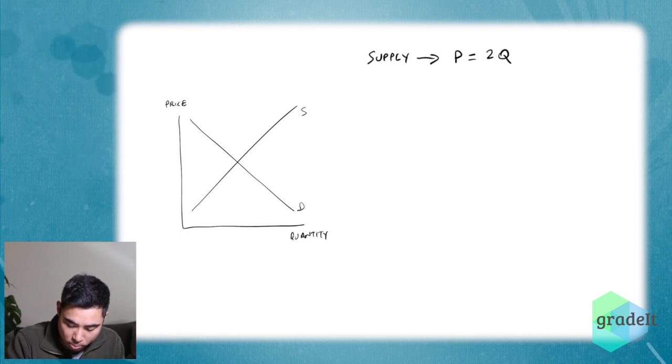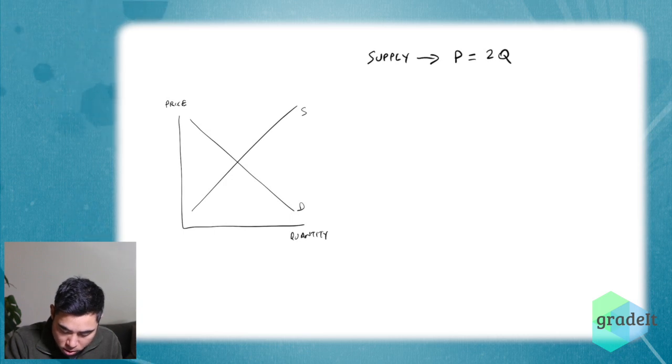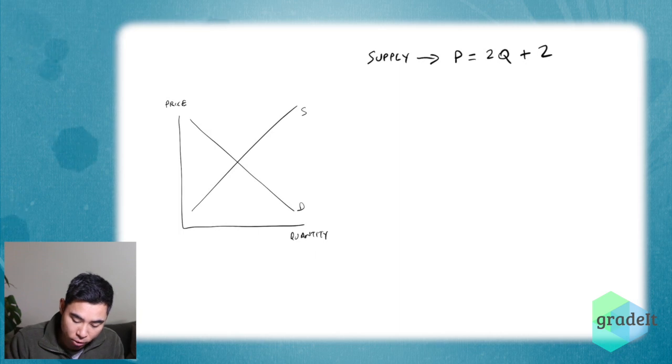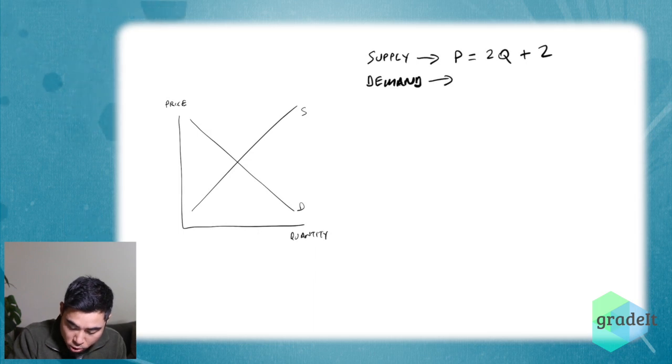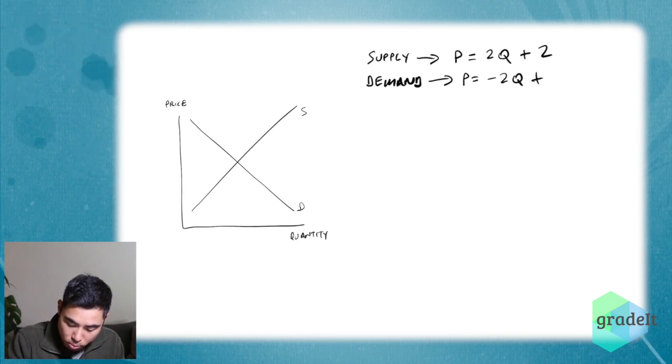So I'm replacing my x with q here in my y equals mx plus c equation, and then say plus 2. And then from my demand curve, because my demand curve is downward sloping, you might say p equals minus 2q, say plus 10.